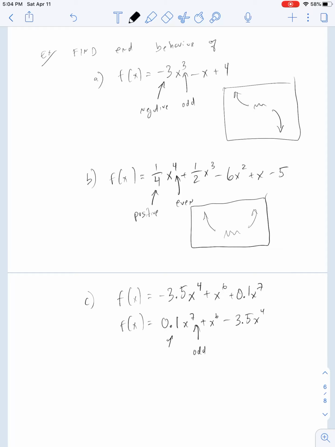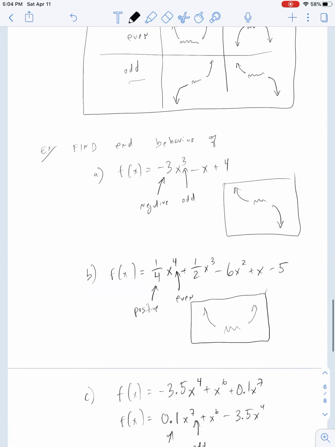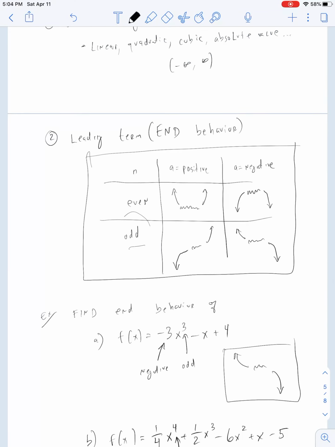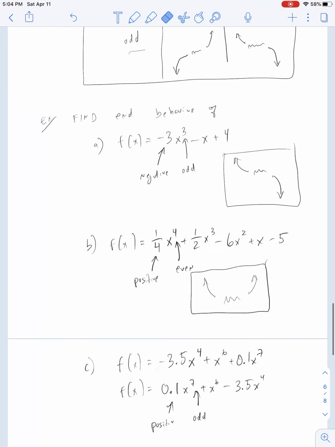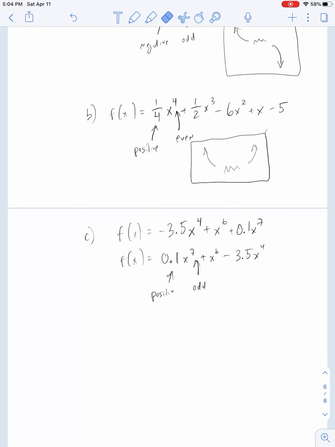So now this is odd, this is positive. So back again, odd, positive is going to look like that. This tells us, once again, the end behaviors of a graph.